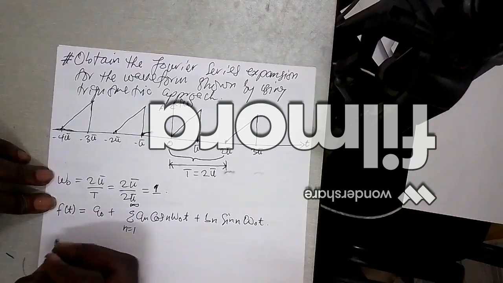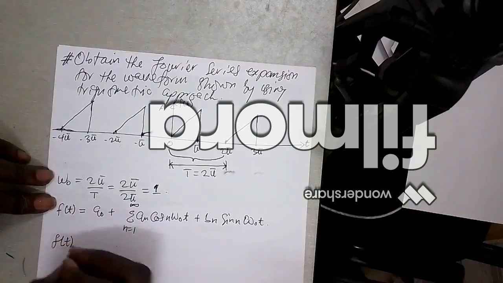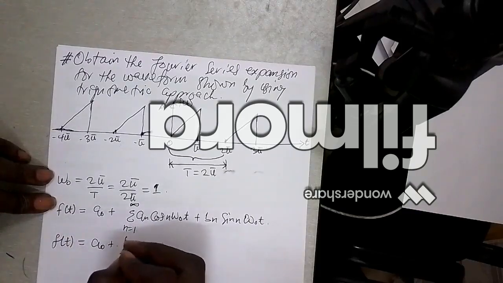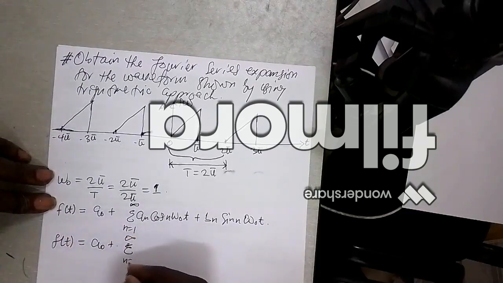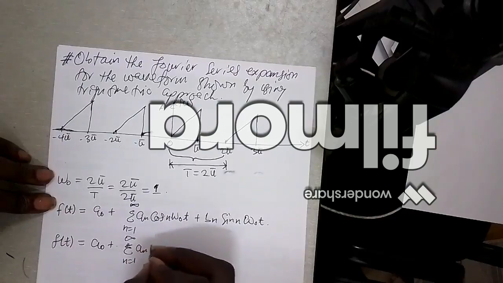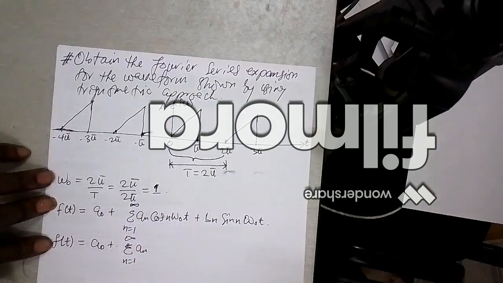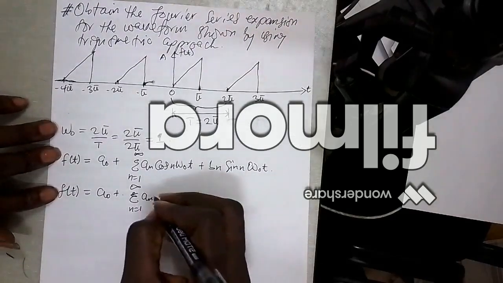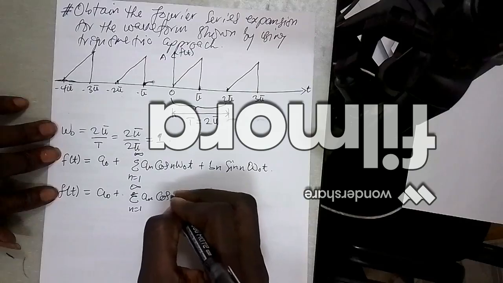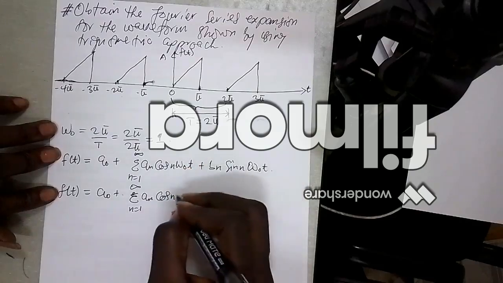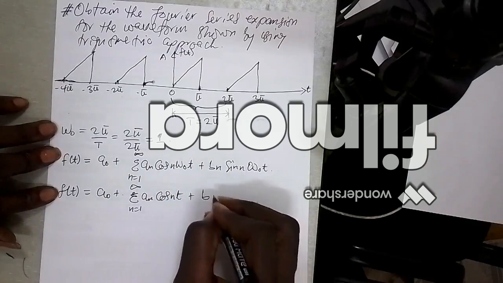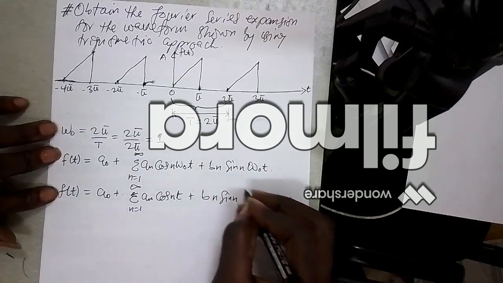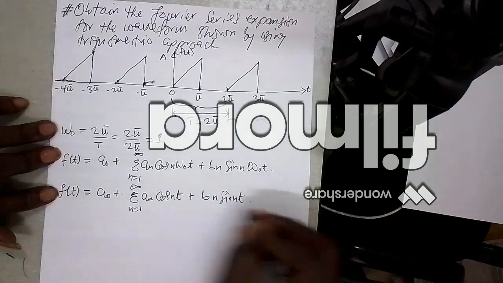Now omega naught is 1, so f of t is equal to a naught plus summation n equals 1 to infinity of an cos nt plus bn sine nt, because omega naught is 1.